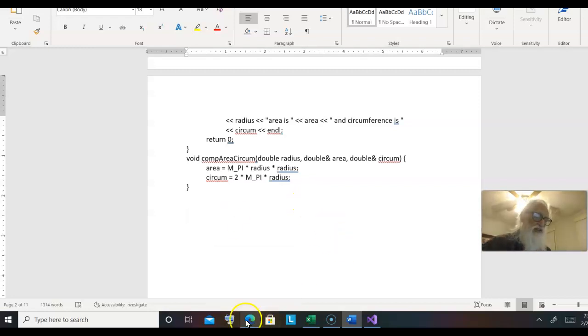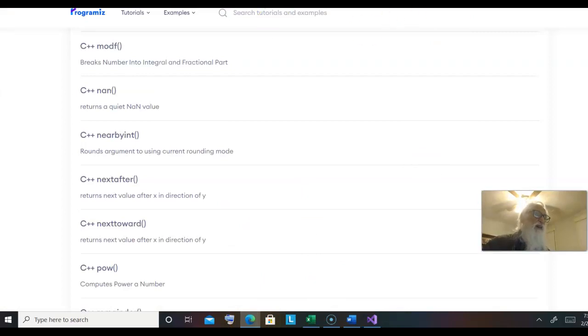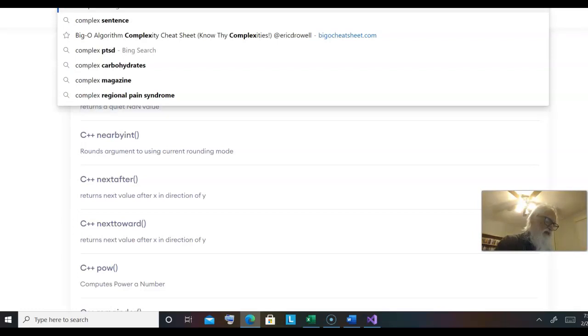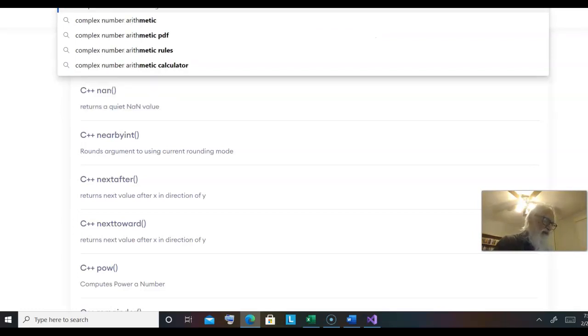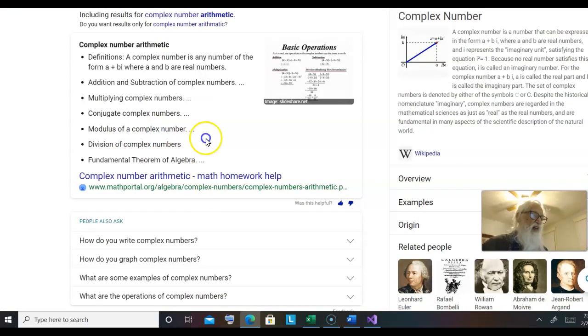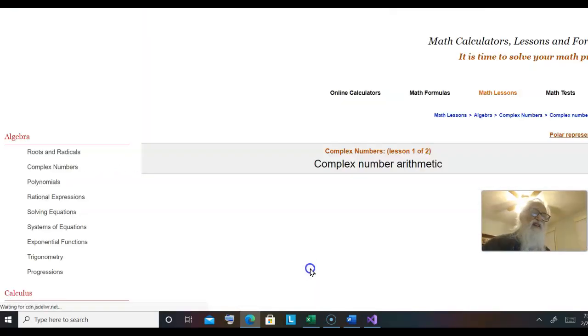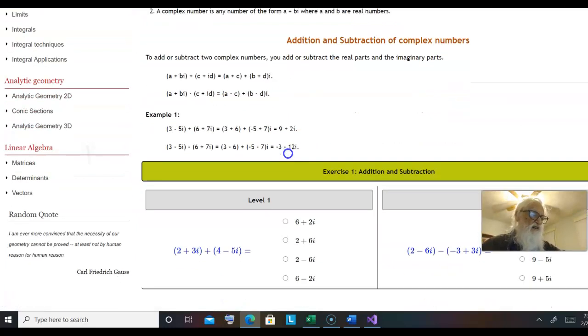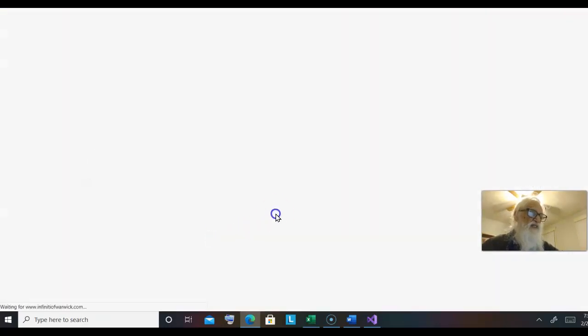So to make sure that you see what's going on, I'm going over here, and I'm going to put complex number arithmetic. And you'll see what you get here. It shows you all the formulas.